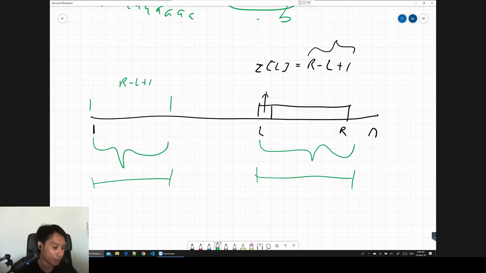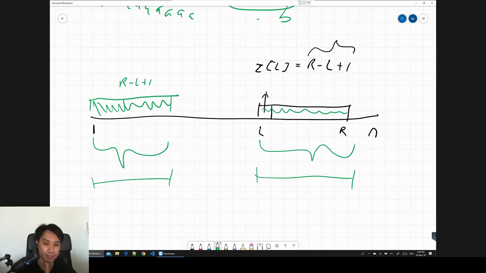So if my R becomes bigger, L will also become bigger. Okay, so what it also means is my alphabet at L is going to be the same as my alphabet at the start of the prefix. Okay, the characters in both boxes are exactly the same.